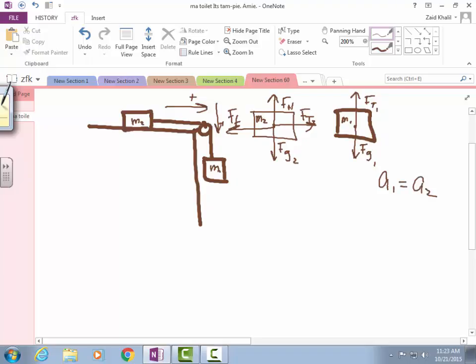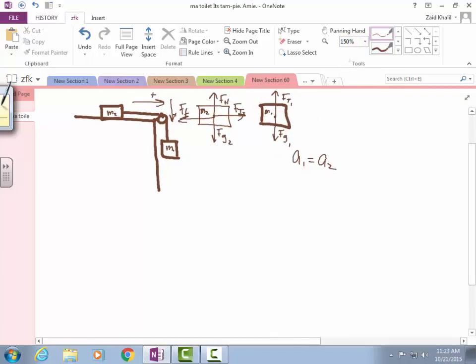So then I write Newton's second law. What does Newton's second law say for each body? It says net force on body 1 is equal to M1 times A1, right? So what are the forces on body 1? Just tell me. That's Fg1 minus Ft.